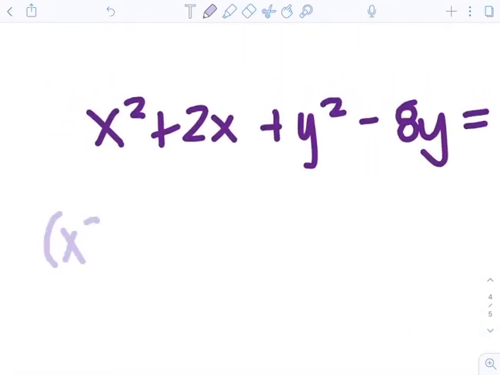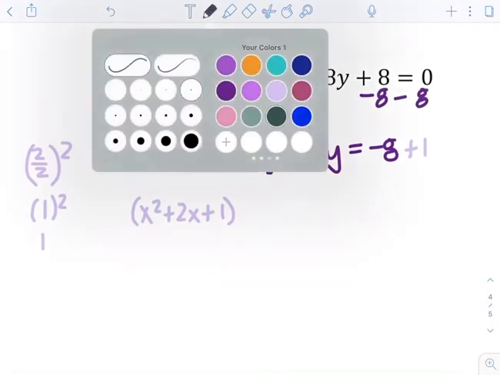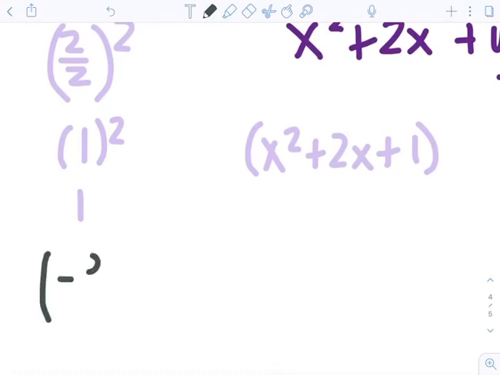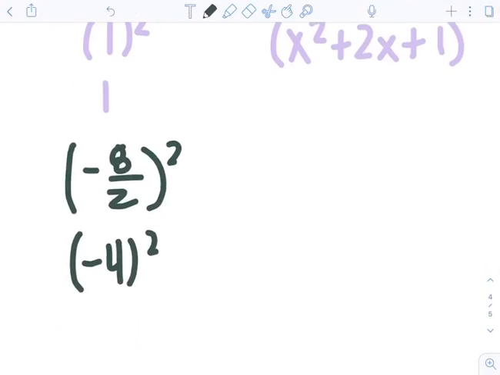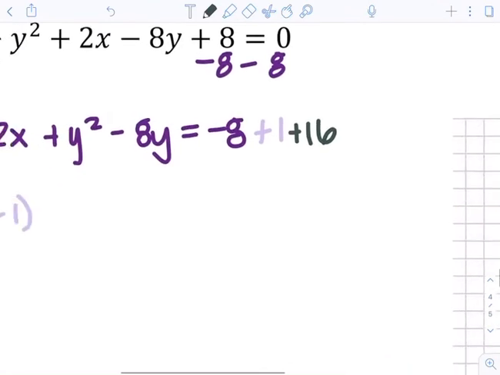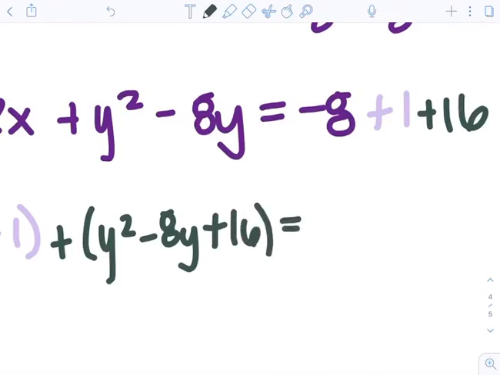So over here I'm going to get x squared plus 2x plus 1. Make sure to add it to the other side. And then I have to do the same thing for the y's. So negative 8 divided by 2 squared, negative 4 squared, so 16. So again, I'm going to be adding 16 to the other side, and this is going to be y squared minus 8y plus 16. Okay, so then I get negative 7 plus 16, which is 9.